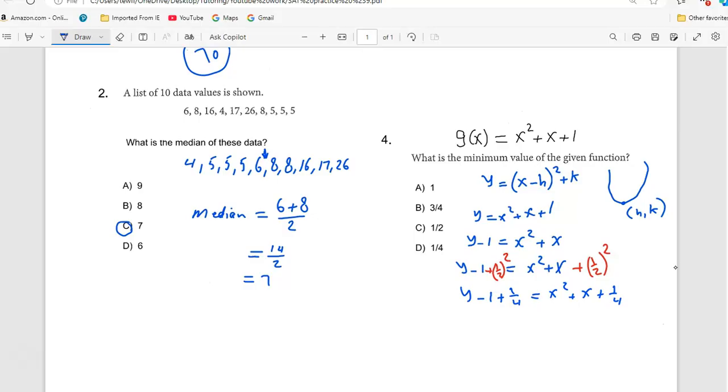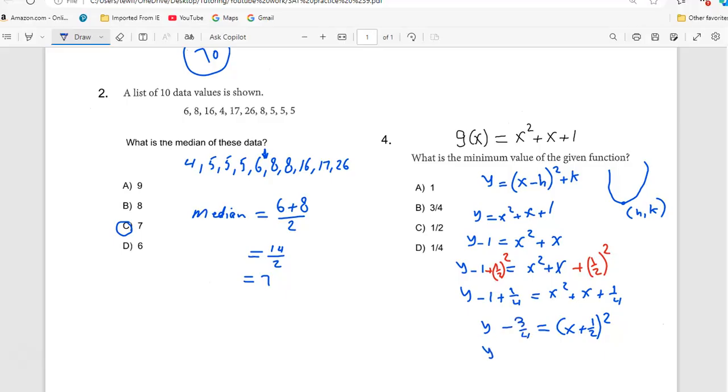I can factor it as what? x plus, I take the square root of the first one, which is x, and the square root of the last term. What is the square root of 1/4? 1/2. All squared. On the left side, let's simplify that. I have -1, I can put it as 4/4 plus 1/4 gives me -3/4.